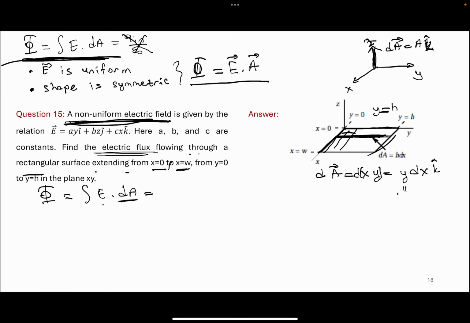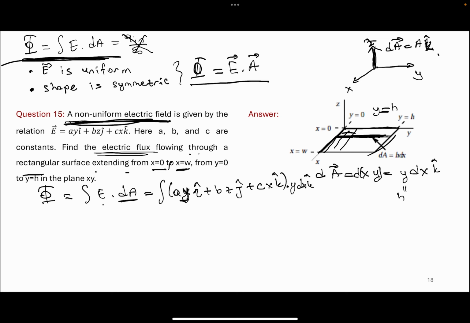Now, time to write everything. Instead of y, I will write h. The electrical field is a y i plus b z j plus c x k, multiplied by y dx k.